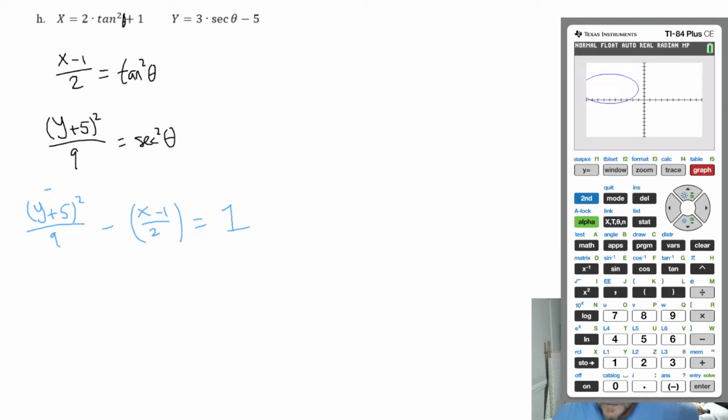So there you go. You're in rectangular form, but don't put a box around it yet, because it's not in the right standard form. Because what is this? Well, I see only one variable squared. So this is another parabola. And parabolas want to be solved for the squared term. So let's clear the rest out. So we'll get a y plus 5 squared over 9, and we'll add all this to the other side.